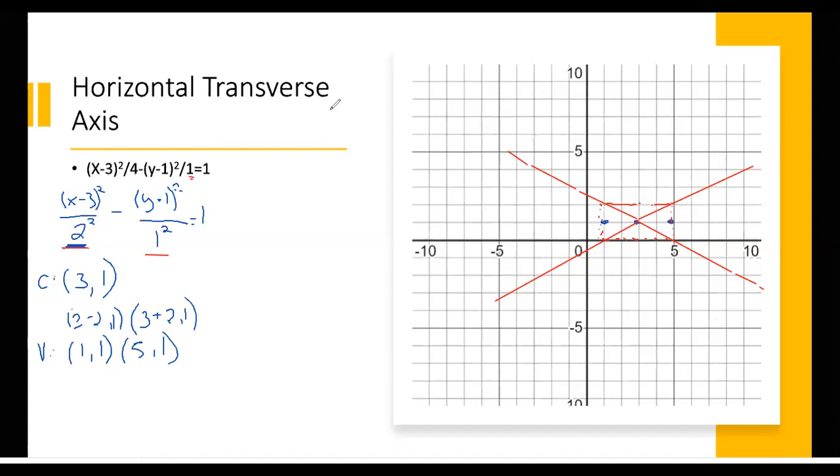We have a point, so we can use the point-slope equation of our line: y minus 1, because our center is (3, 1), is equal to 1/2, since we rose 1 and ran 2, times (x minus 3). And the other asymptote is y minus 1 equals negative 1/2 times (x minus 3).